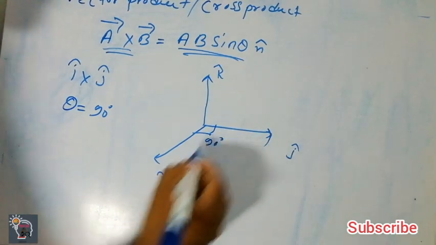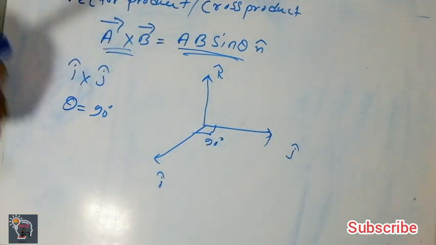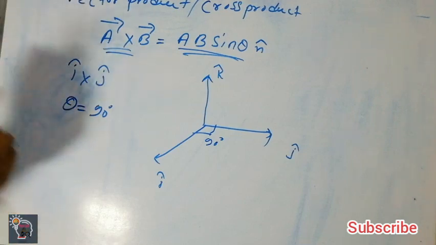That is the angle of 90 degrees. So here n cap is k cap, and the magnitude of i cap and j cap is equal to 1.